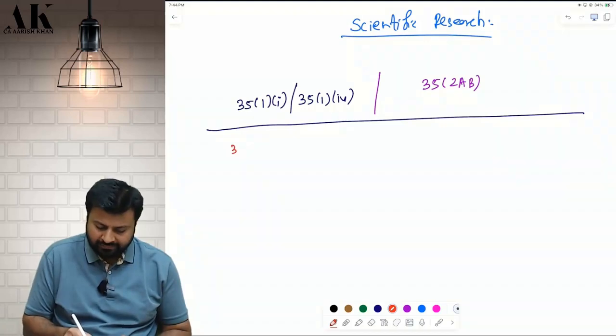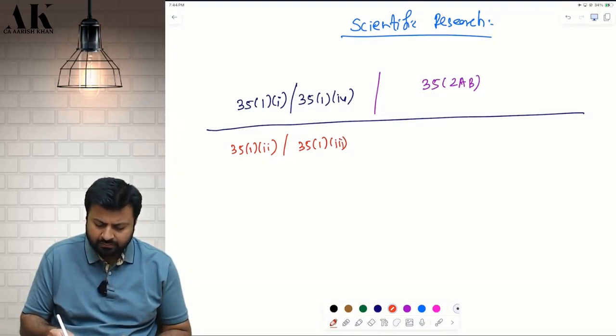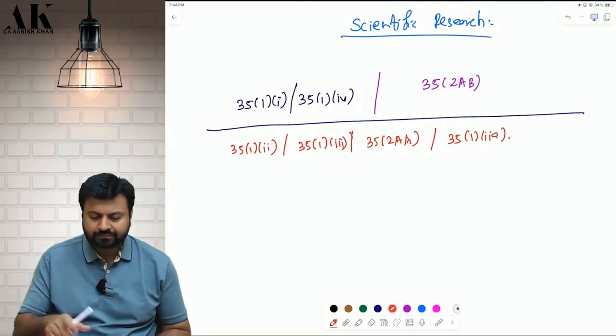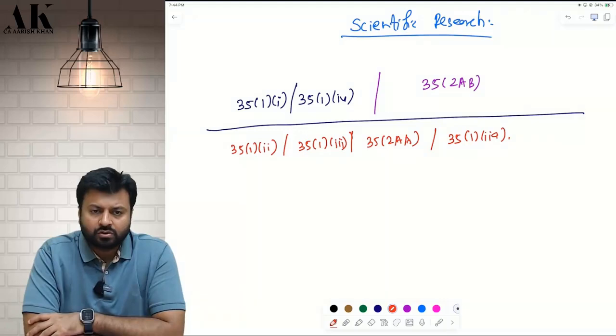Fourth section is 35 subsection 1 clause 2. Fifth section is 35 subsection 1 clause 3. Sixth section is 35 2AA. And seventh section is 35 subsection 1 clause 2A. So these are the 7 sections under scientific research.